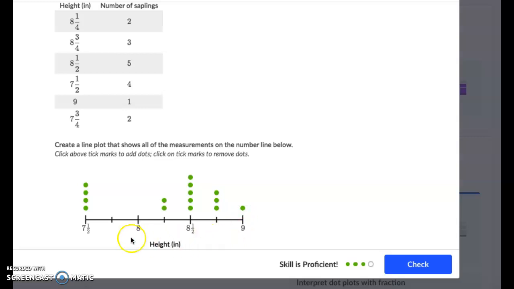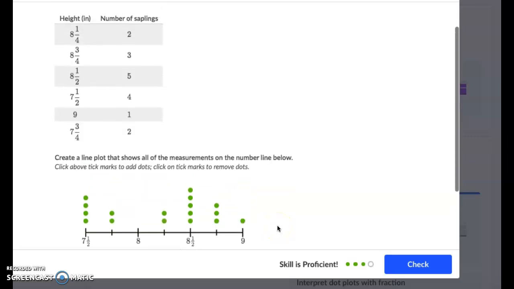And 7 3/4. So 7 1/2 is really like 7 2/4. They mean the same thing. So 7 3/4 is going to be right next door, and we're going to put 2 dots there. And that is our line plot.